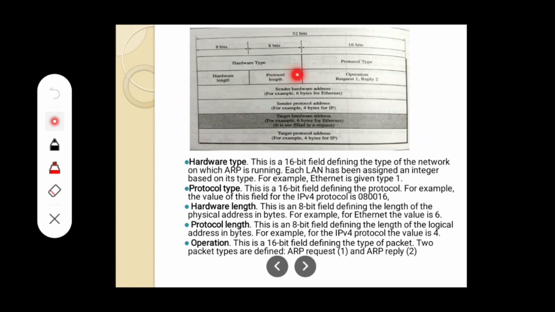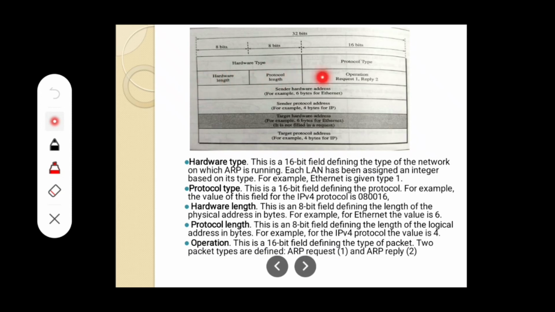All of you know the length of the IP address is 32 bits, that is 4 bytes, right? The MAC address is 6 bytes in length, that is 48 bits. Clear? So here it will be written as 6 bytes and here as 4 bytes.